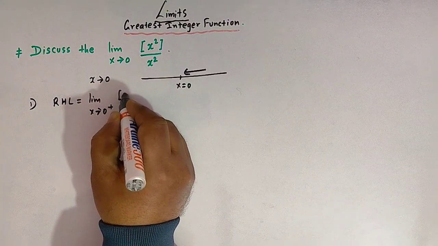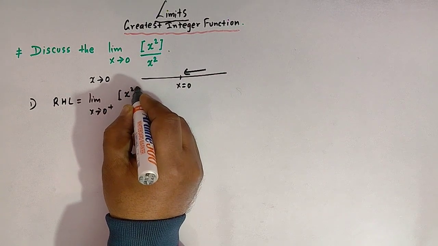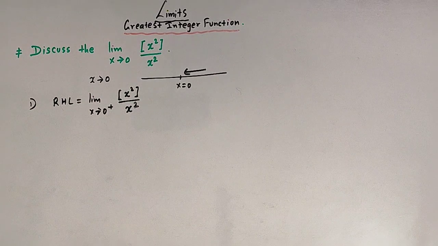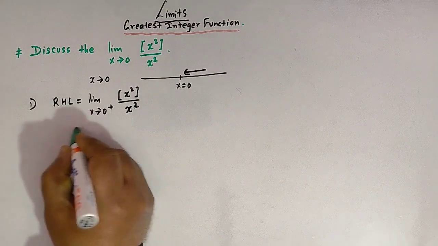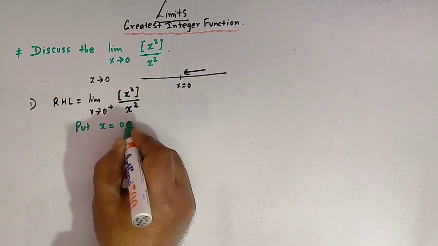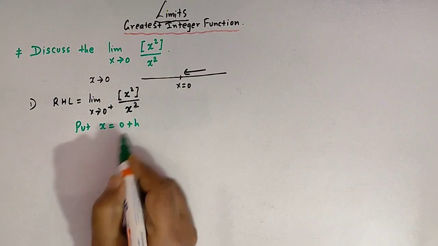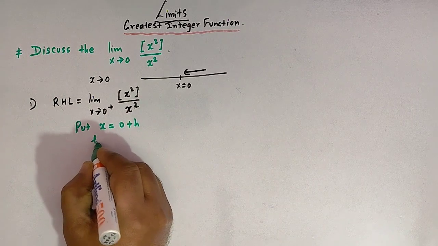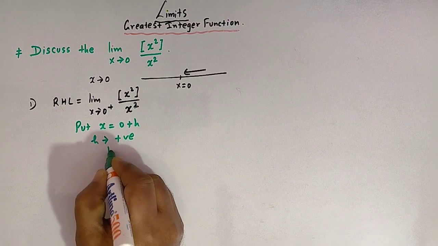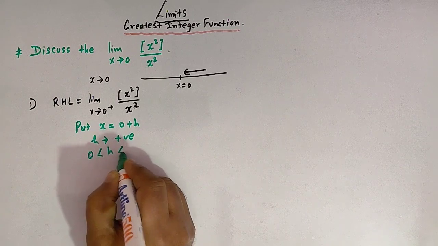And here we'll write our function, that is greatest integer of x square divided by x square, right? Now what we will do, we'll put x is equal to 0 plus h, where h is a positive quantity, and h lies between 0 and 1.